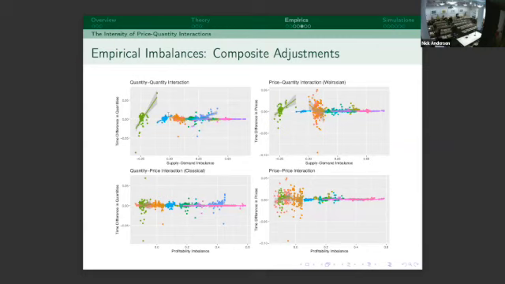I wondered whether it's a problem with me or a problem with the data. And in the end, I came to understand that it's actually a joint problem. So I use a Bayesian linear mixed model to compute the general effect of each adjustment that is not industry specific, and then also the industry-specific adjustment for each of these interactions.